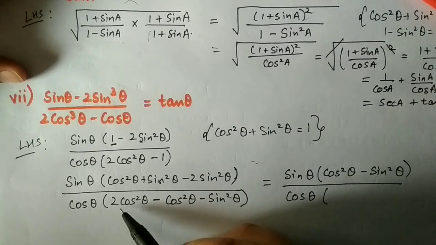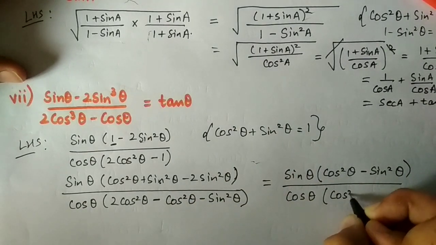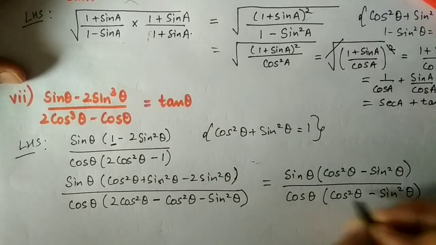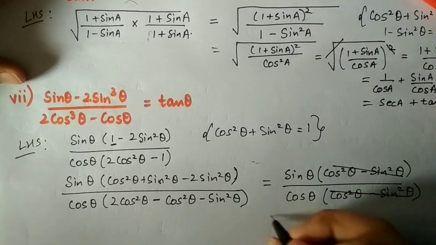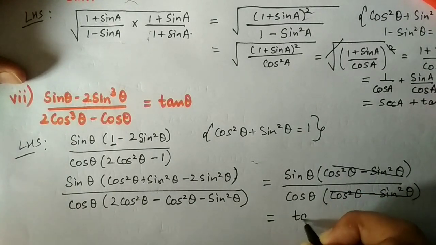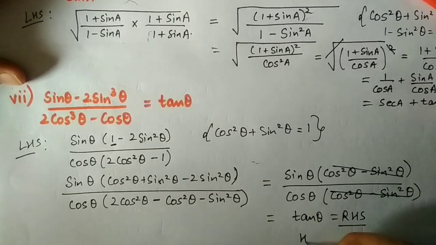Here 2 cos square theta minus cos square theta is cos square theta only, so cos square theta minus sin square theta. Now these terms will cancel and you are left with sin theta upon cos theta, and sin upon cos is tan theta, and that is equal to right hand side, hence proved.